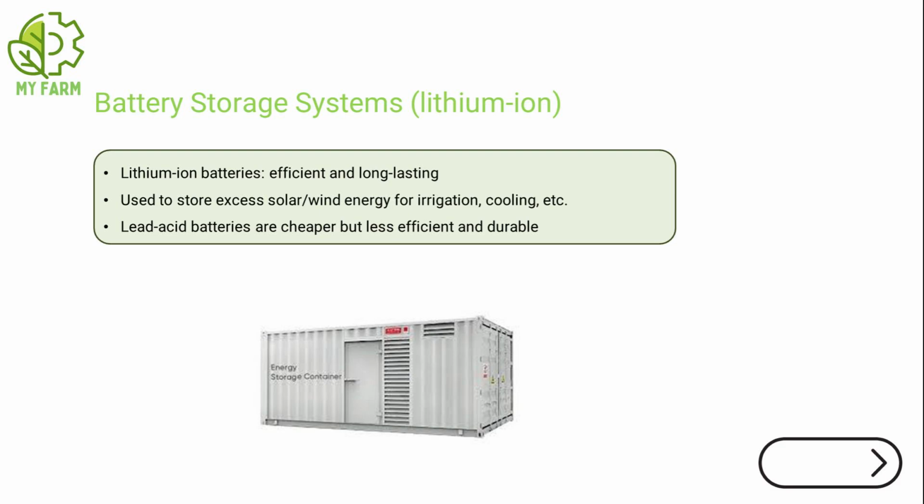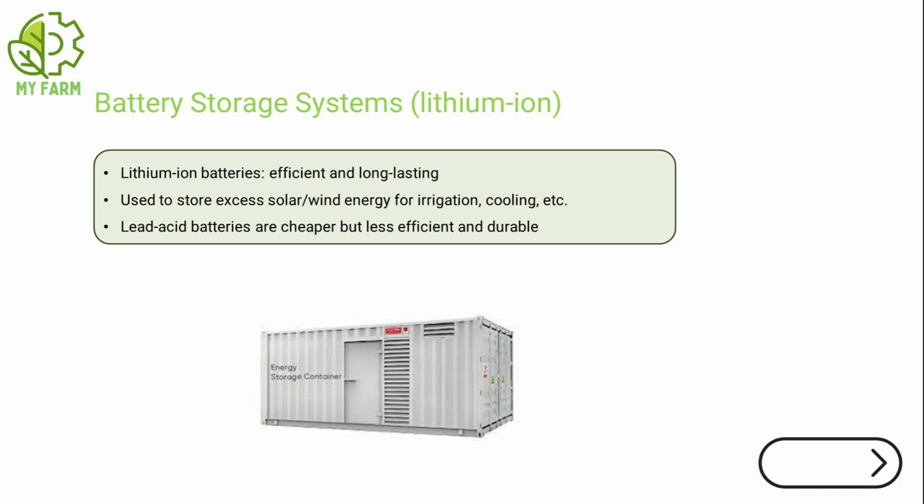In many modern setups, farms actually combine both battery types. Lithium-ion units handle critical, high-demand tasks like irrigation and cooling, while lead-acid batteries serve as backup or for non-essential operations. This hybrid approach provides a balance between cost and reliability, ensuring a steady energy supply throughout the day and across varying weather conditions.